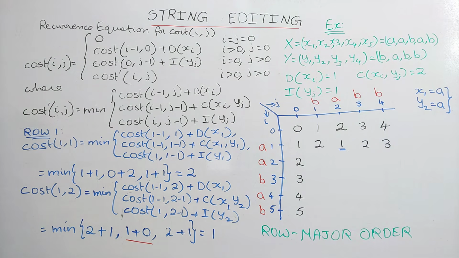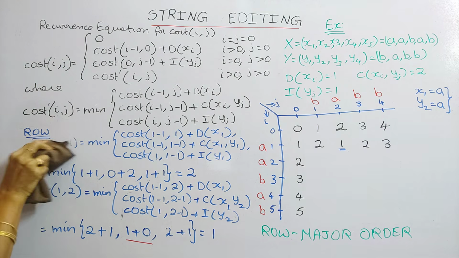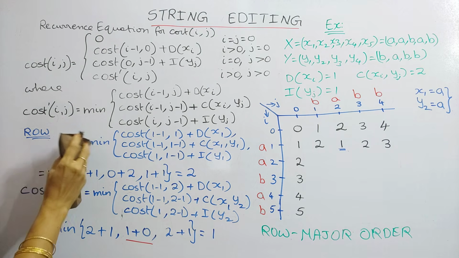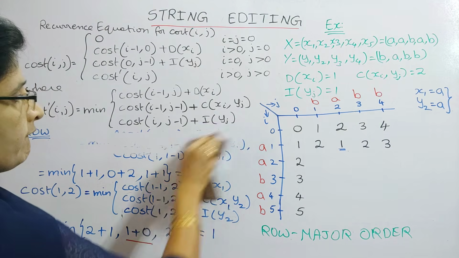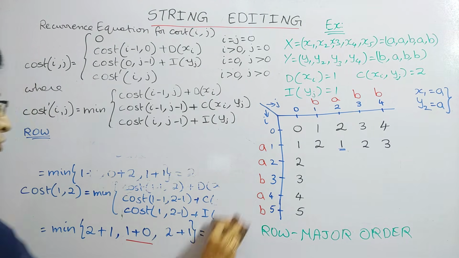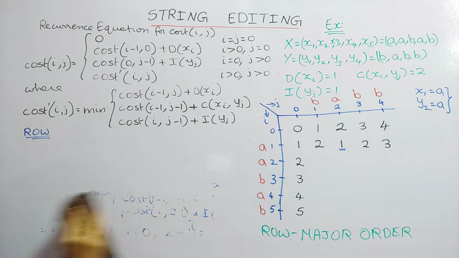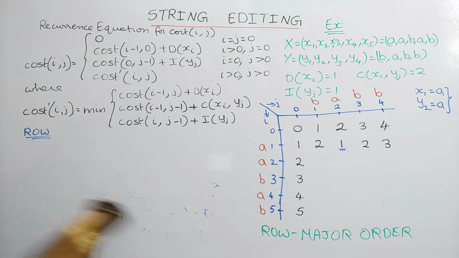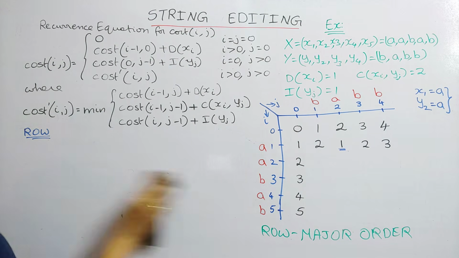So similarly you compute for row 2. I will compute one element for the remaining rows. It is almost the same as row 1 for row 2, row 3 and all the remaining rows.